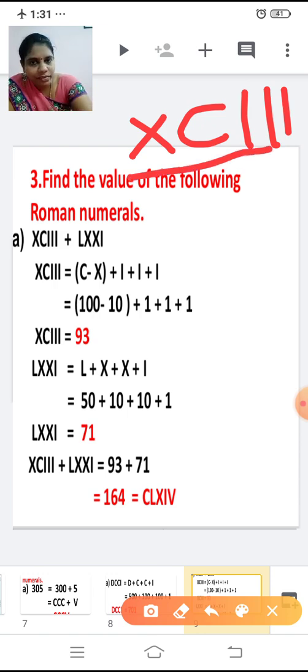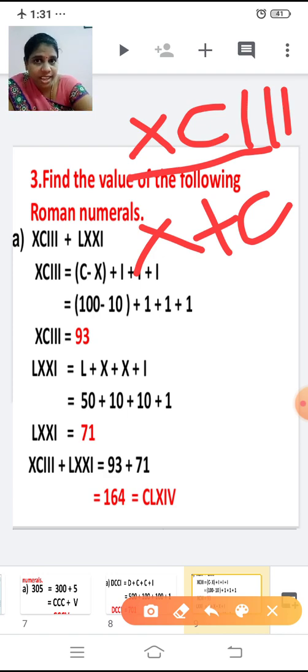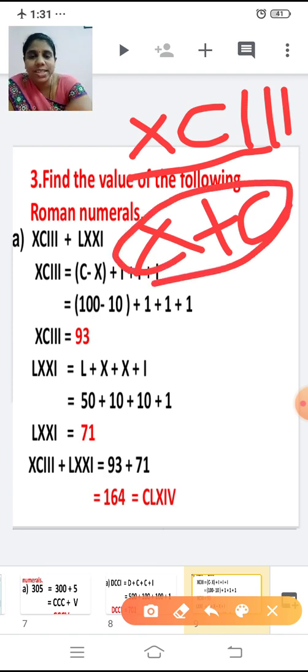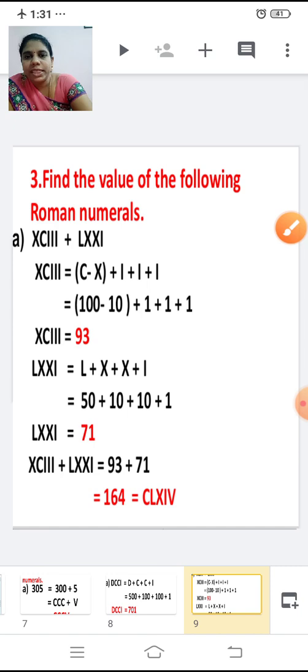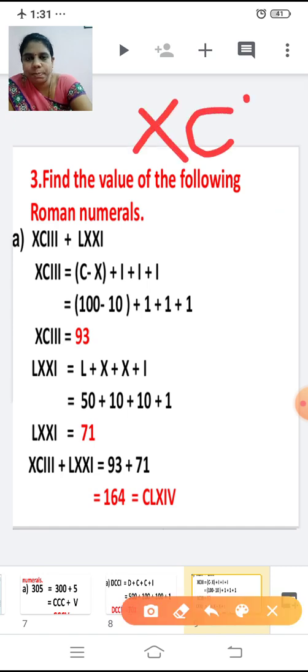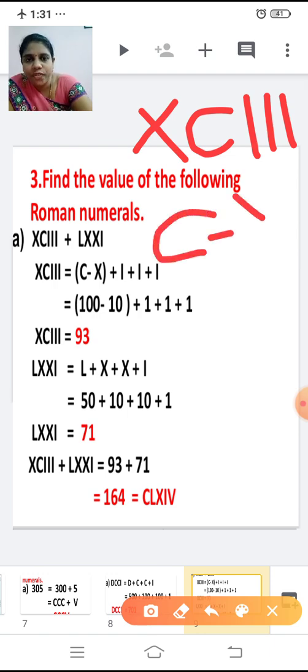Now, can we add like this? Is this correct? This is wrong because the smaller symbol X is placed before the larger one. In that case, we have to subtract the smaller one from the larger one, right? We cannot write X plus C. That is wrong.